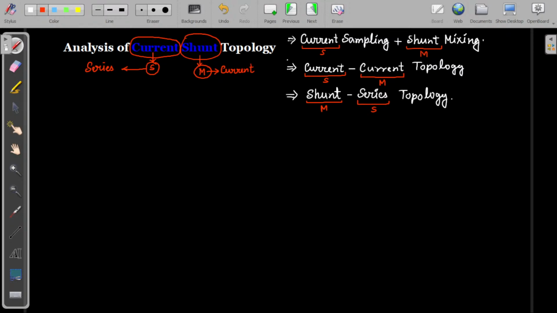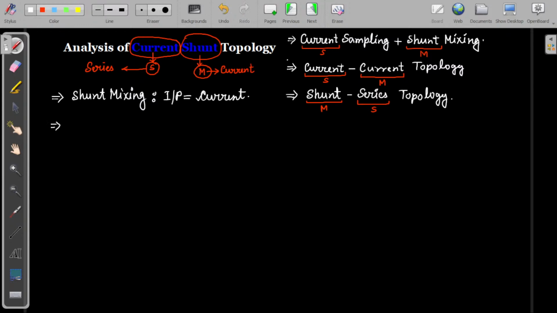Now, in this case, we are having shunt mixing at the input. In shunt mixing, we know that we mix the current, so the input parameter of the amplifier will be current.